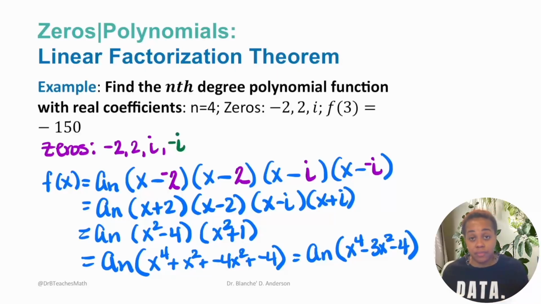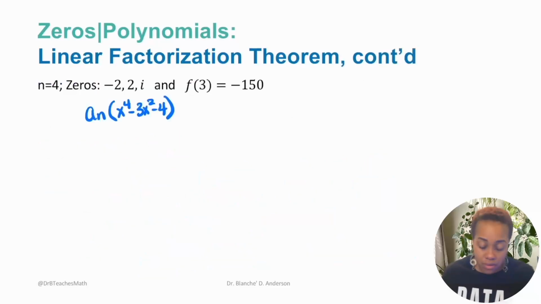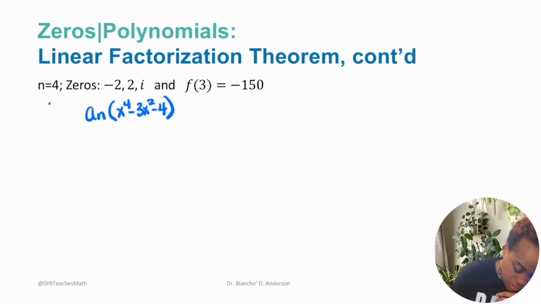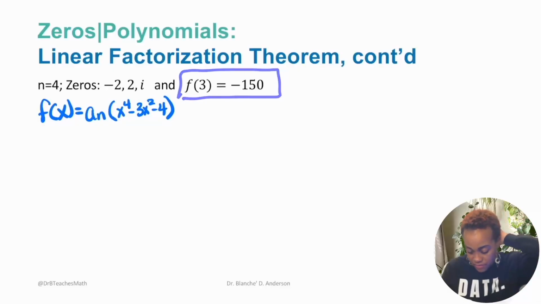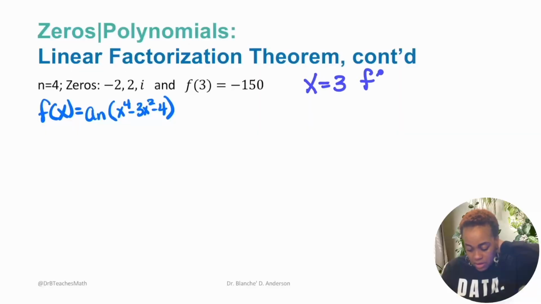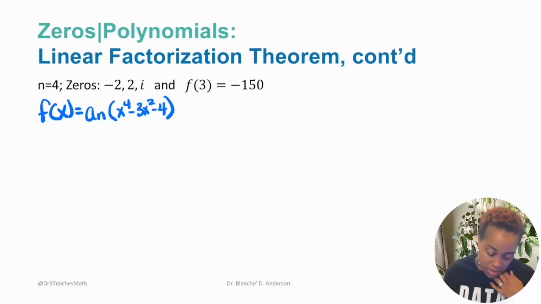So far, so good. Okay, let's keep going. So this is our f of x. Now they told us that f of 3 is equal to negative 150. That means when x is equal to 3, f of 3 is equal to negative 150. That's what that means.